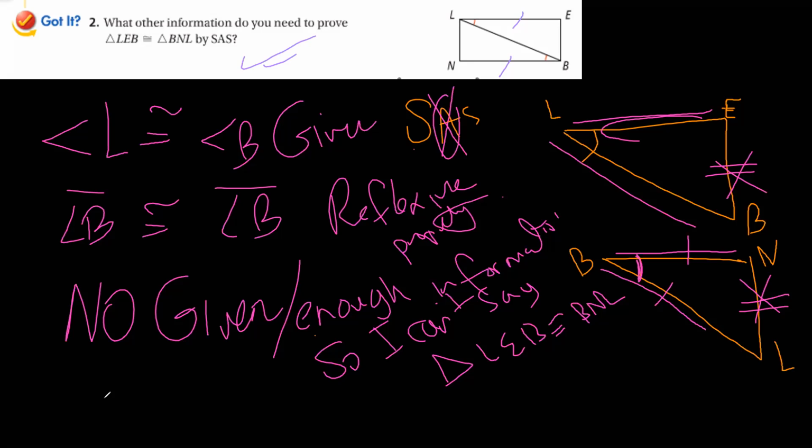Teacher, the side of LB doesn't matter, it's useless, because the sides that have the angles are not given. So we cannot say that the angles are congruent. Yes, thank you.